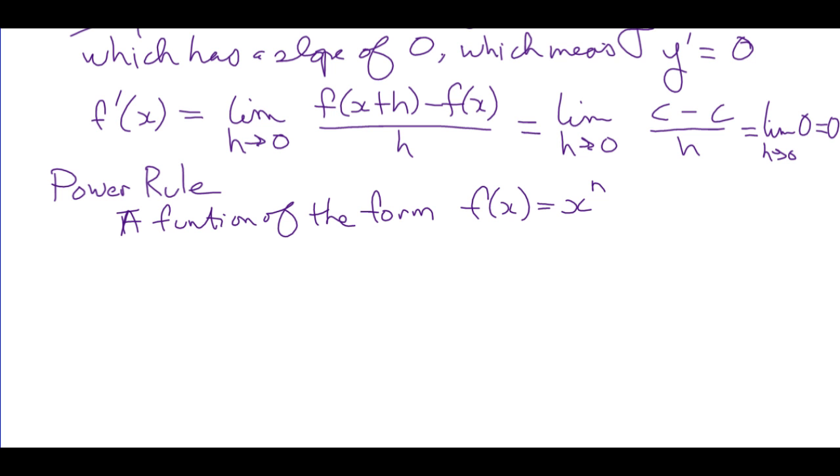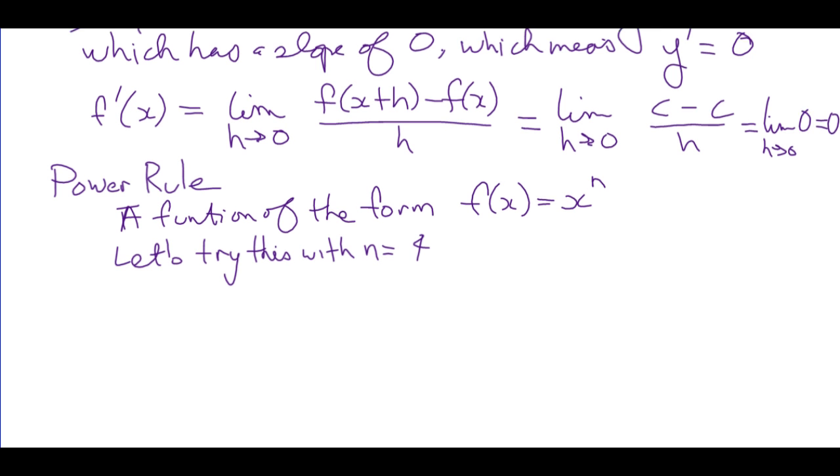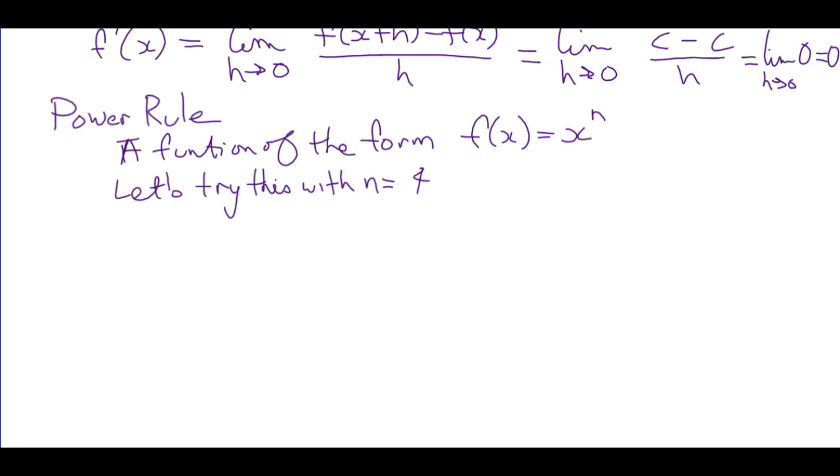What's the derivative? I don't know if you've done some exercises where you've done some of these already. Maybe not. But let's do one for n equals 4. Okay, so let's try this with n equals 4 and see what happens.